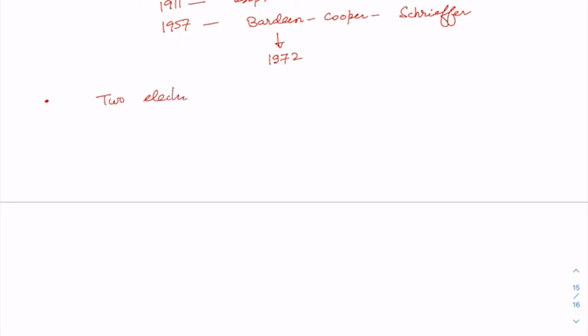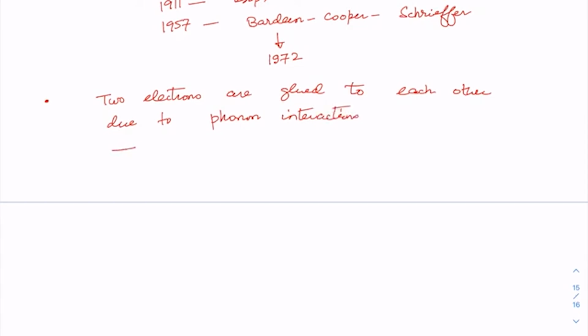This is the key observation. Two electrons are glued to each other due to phonon interactions primarily, and thereby they form a pair, and this pair is called a Cooper pair.